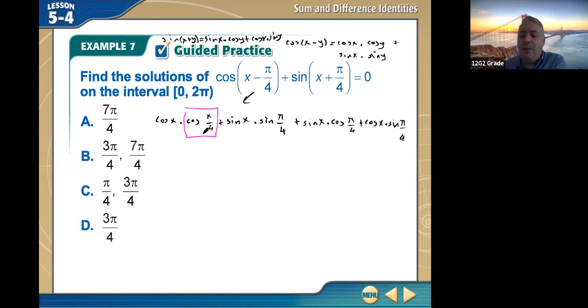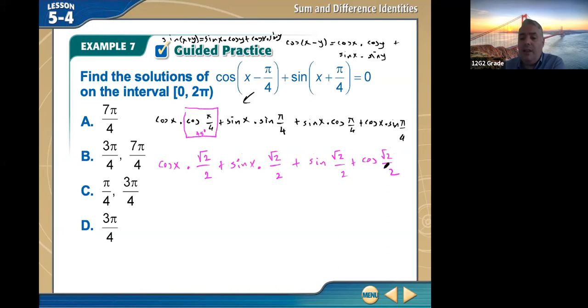Now pi over 4 is 45 degrees. So what is cosine of 45 degrees? Root 2 over 2. So cosine of x times root 2 over 2 plus sine of x times sine 45, it's still root 2 over 2, plus this is still root 2 over 2 and this is cosine, root 2 over 2.